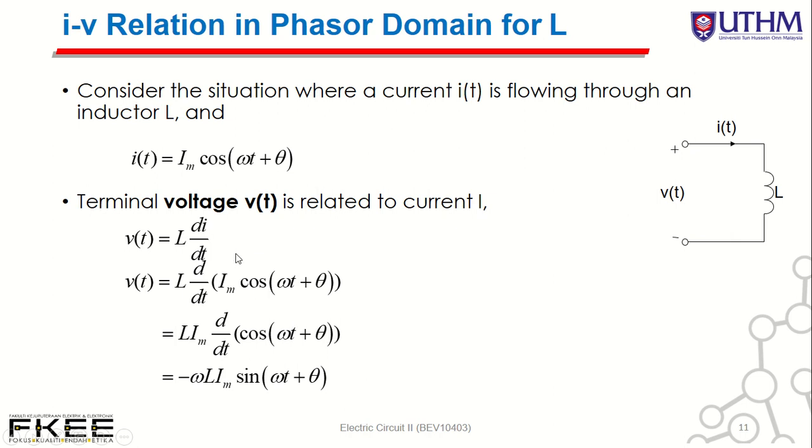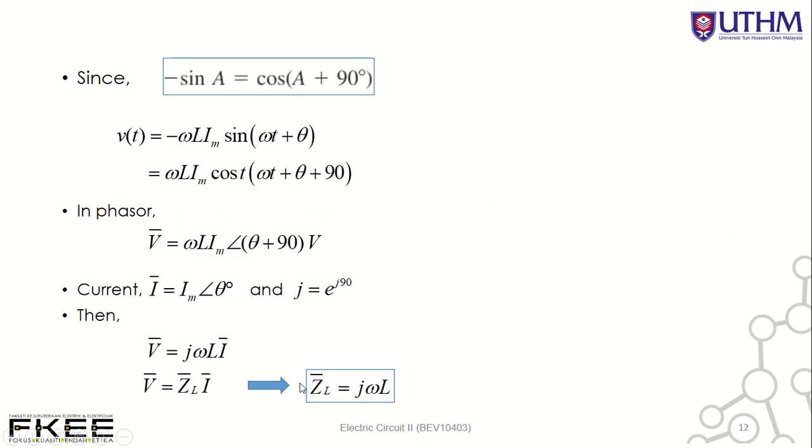You differentiate the current and you get Vt equal to minus omega L Im sin(omega t plus theta). From the minus sine you can convert to cos, by using this identity.